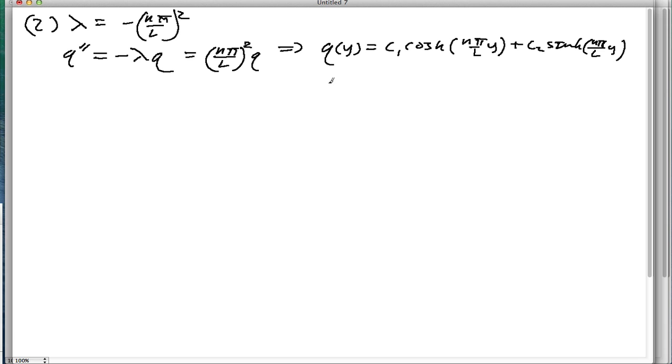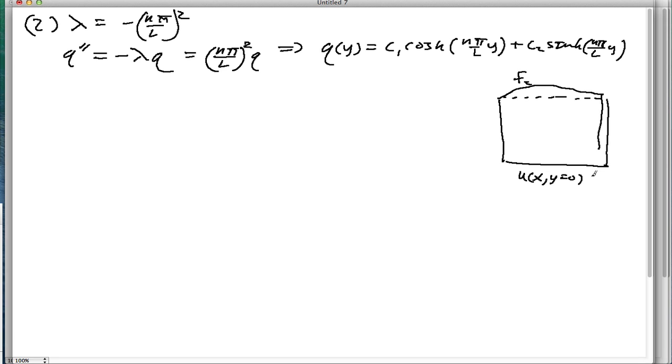And now we do require then, remember our boundary conditions, so we have F2 on the top, but we require that U of x comma y equals 0 is 0, right? So it must be true then that the boundary condition we have to apply is that Q of y equals 0 has to be 0.